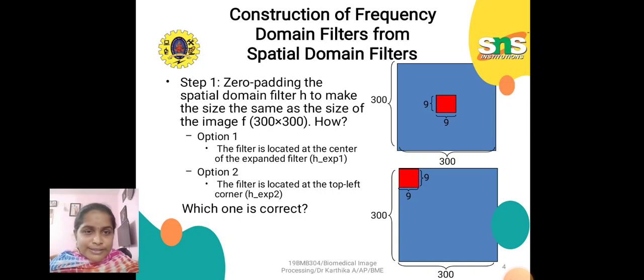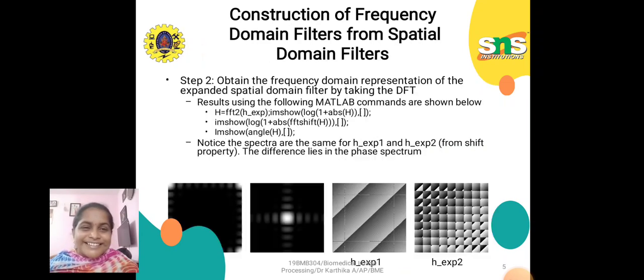We have two options. Option 1: the filter is located at the center of the expanded filter. Option 2: the filter is located at the top left corner. Which one is correct? The second one. Obtain the frequency domain representation of the expanded spatial domain filter by taking the DFT. Results using the following MATLAB commands are shown below, because in image processing applications we use MATLAB commands.